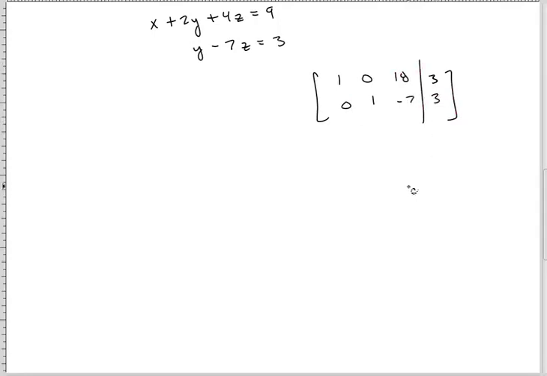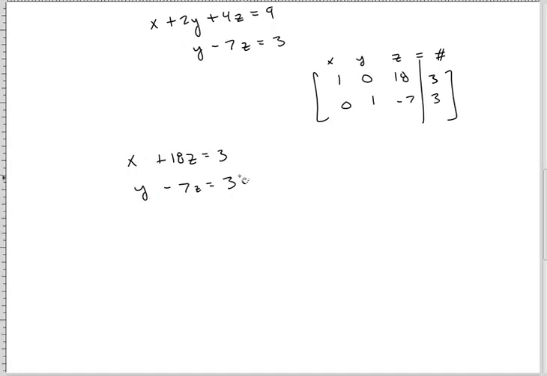Okay, so there's my answer so far. Well, remember that this was x, y, z equals a number. And so I need to rewrite these as two equations. So I got x plus 18z is equal to 3. And at the bottom I got y minus 7z is equal to 3. There's not a lot going on here.